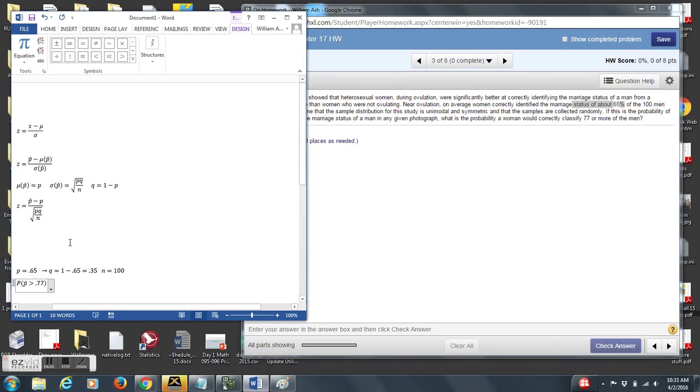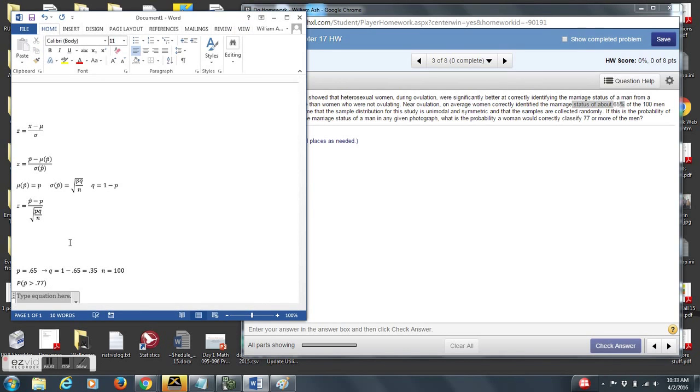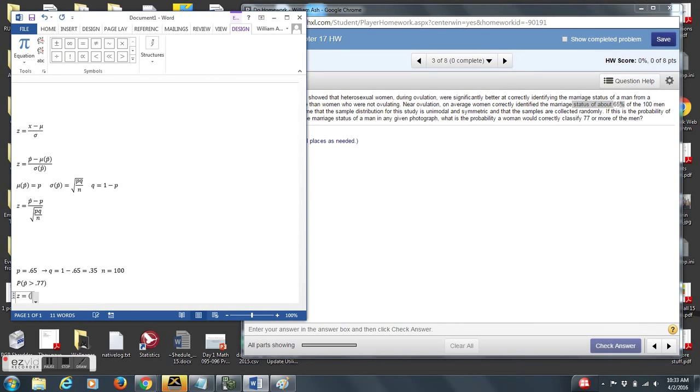So z is going to be 0.77 minus 0.65, divided by the square root of 0.65 times 0.35 divided by 100.